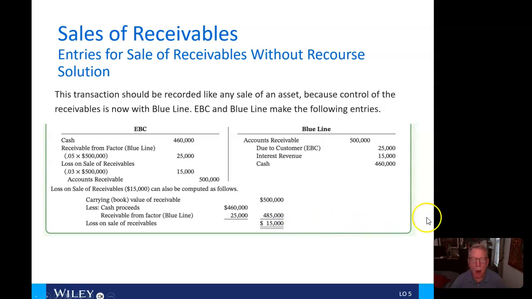But if you're Blue Line, you're now going to record those accounts receivable at 500,000. You're due from the customer this $25,000 here, and your interest revenue is going to be this loss on the sale of receivables here at 15,000. So the cash that you give up for all that is going to be 460,000.